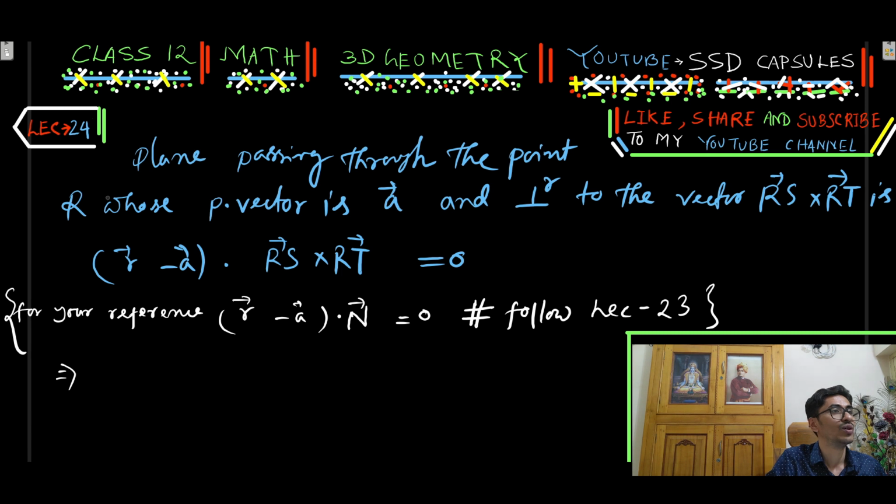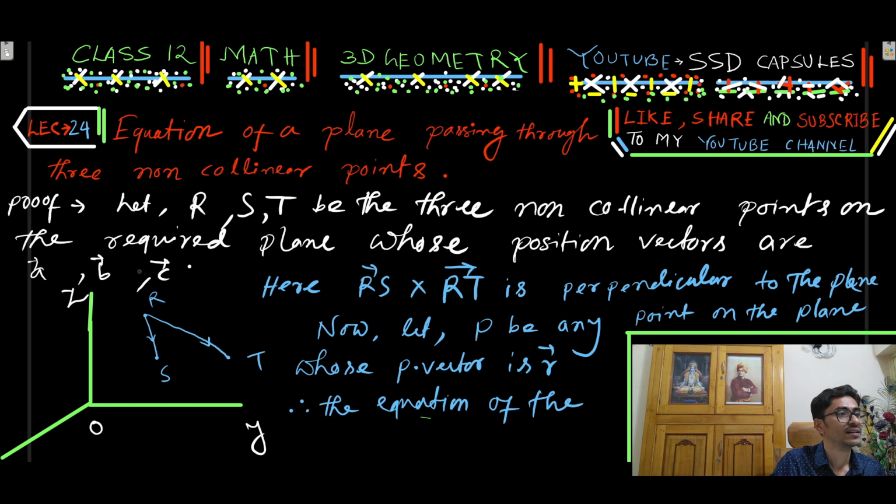RS vector means position vector of S minus position vector of R, so B vector minus a vector. See, position vector of the point S is B and position vector of R is a vector.